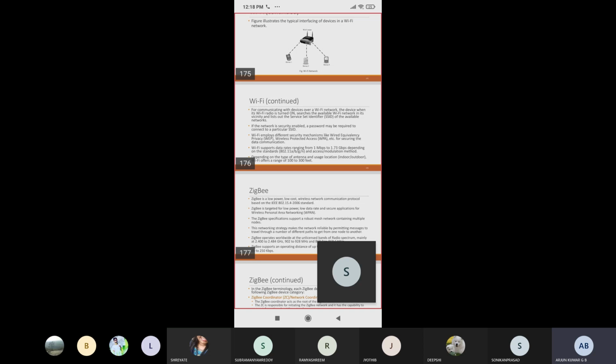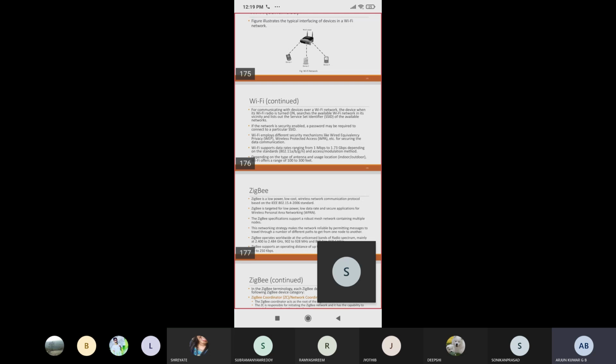And then Wi-Fi employs different security mechanisms like Wired Equivalent Privacy and Wi-Fi Protected Access, etc. These security mechanisms are employed in Wi-Fi so that your information is not hacked. See what happens: some fraud companies or some people give free Wi-Fi.